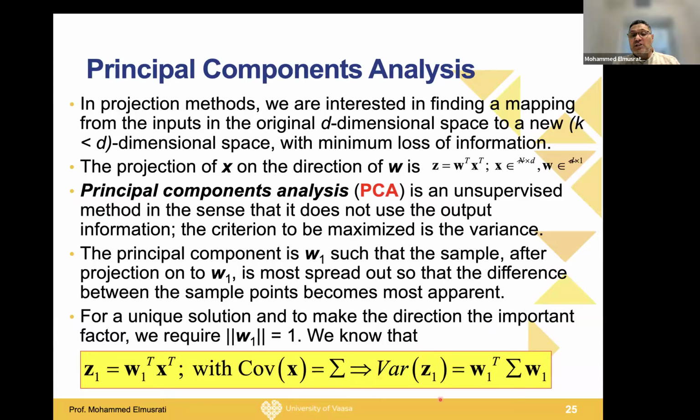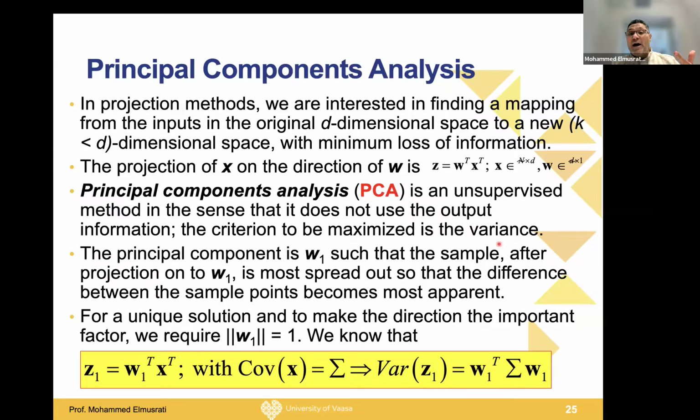My purpose is to maximize the variance. But if we just maximize this variance, because W1 is just weight, this weight can go to infinity. Remember, as I mentioned in the previous lectures, every vector has magnitude and direction.